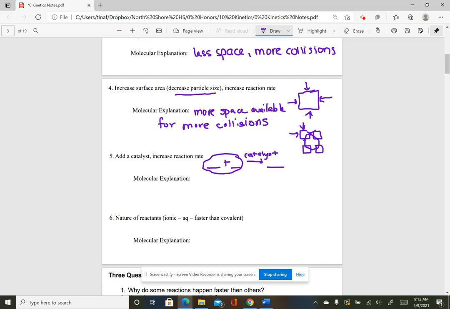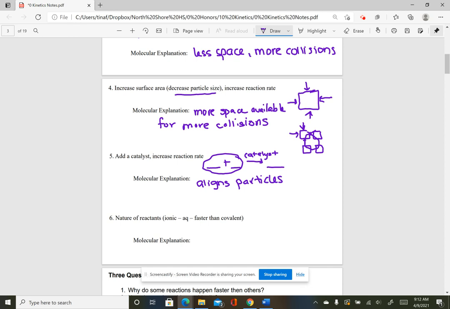So what a catalyst does is it takes your particles and it aligns the particles. Typically, when the particles collide, they have to hit with a lot of energy. What the catalyst does is it lines them up so perfectly that when they collide, it's okay if they didn't have a crazy amount of energy because they're lined up so perfectly.